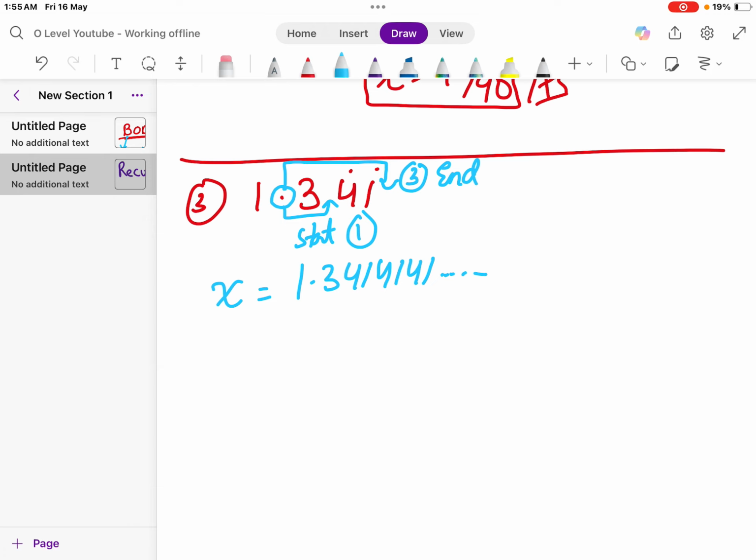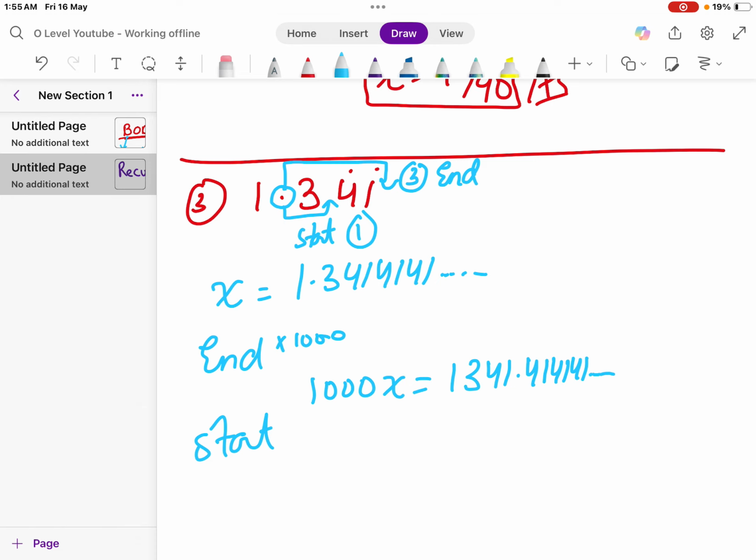Now first I will write the ending, and you can see that after 3 digits it's ending, so I will multiply the equation by 1000. So this will become 1000x equal to 1341.414141 and so on. The start is after one digit, so again I will multiply by 10, so it will become 10x is equal to 13.414141 and so on.